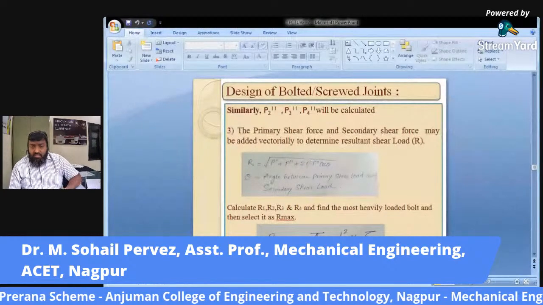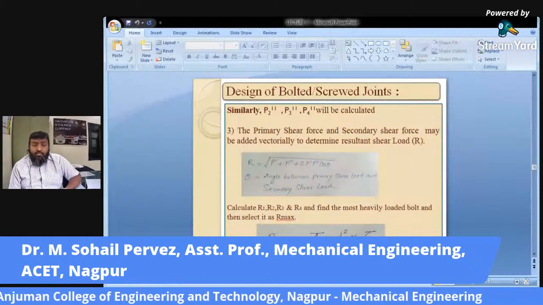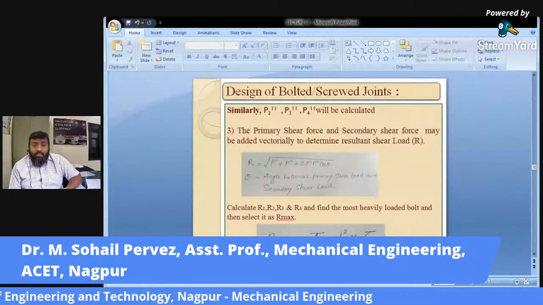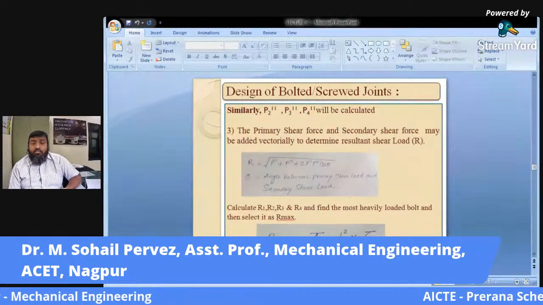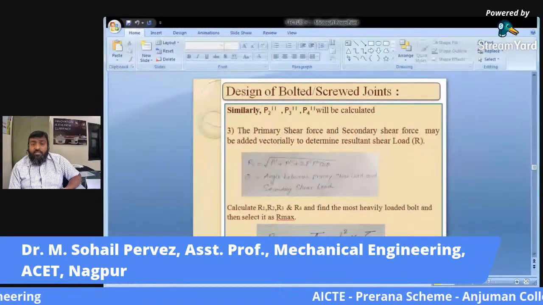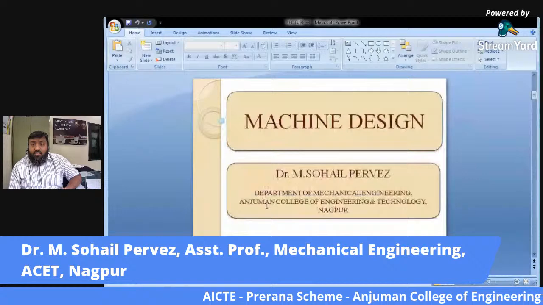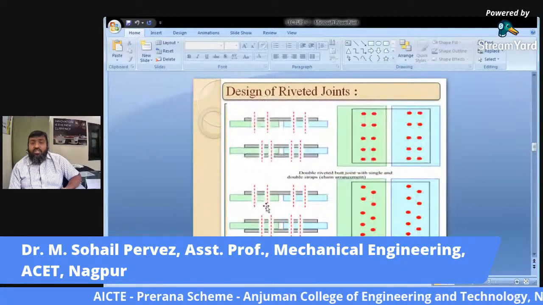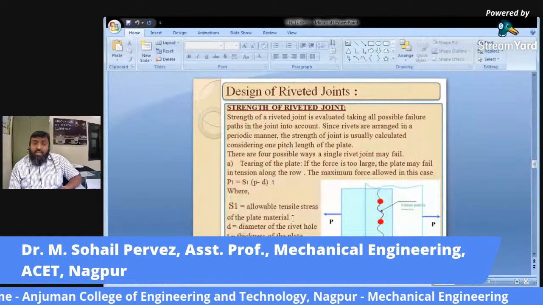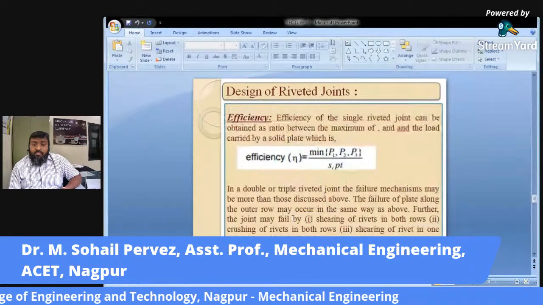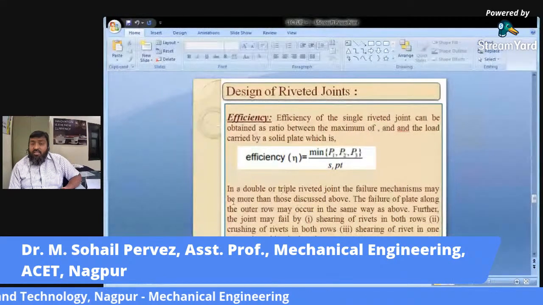Similar is the case with the bolts. I'm going back to this again, since it has to be completed. After the strength of riveted joints and the efficiency, we have to go back to this particular slide.